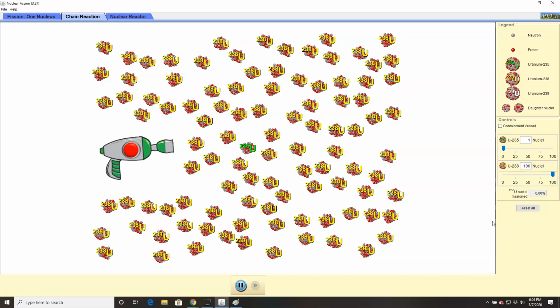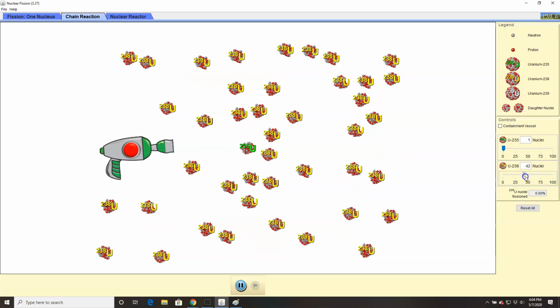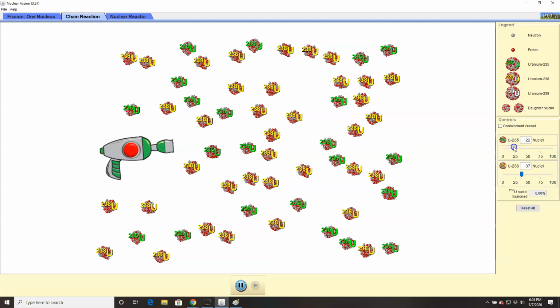So what we do is, and I am dramatically simplifying the process, we chip away at the uranium-238 and we add in some uranium-235. This process is called enriching. Basically we're using centrifuges to do this because uranium-235 is less massive than uranium-238, and therefore in a centrifuge the two would separate. It is a very difficult process to do.